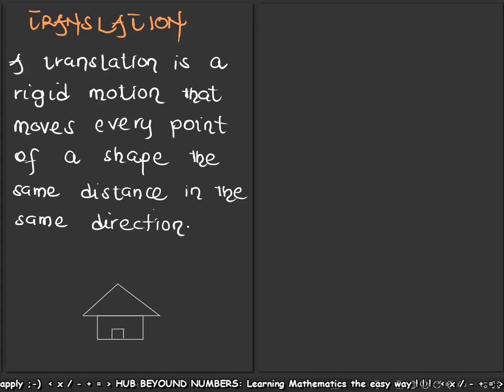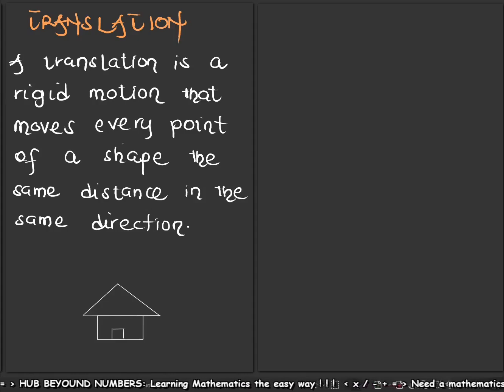So let's start by explaining what translation is. When we say translation, it is a rigid motion. Remember in our introduction video, we spoke of what rigid motion is. We said that for rigid motion, it's only the position that changes, the size doesn't change.